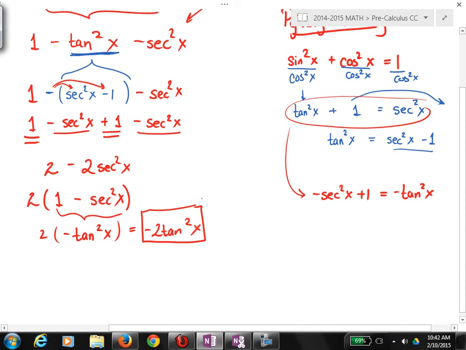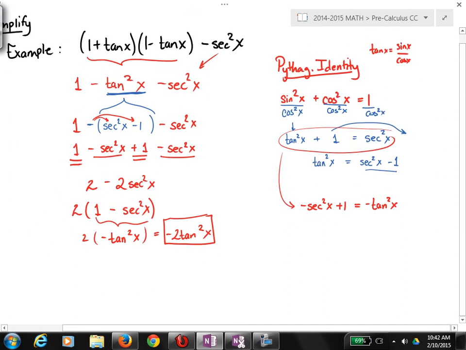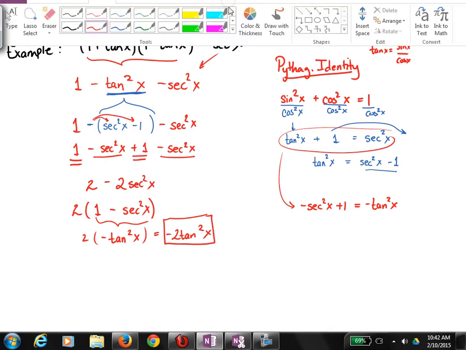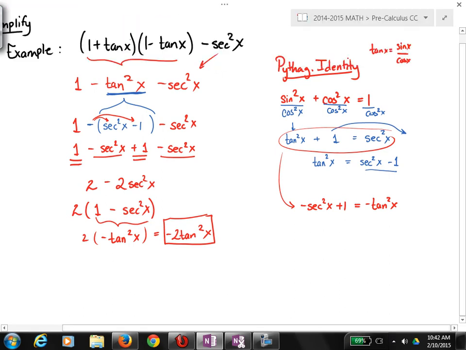Let me back up a little bit to show the different approach that some of you may also do. If some of you recognize, like I mentioned, you still have tangent and secant. From this identity right here, I could have also done a couple of things.